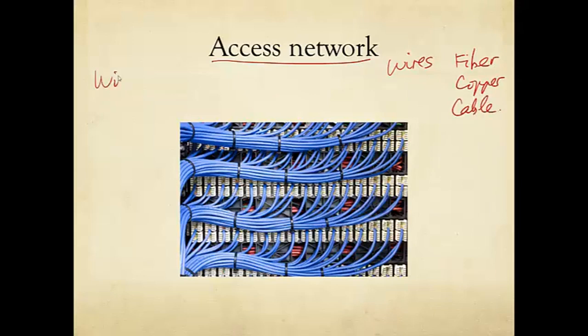It could also be wireless, for example, 3G or 4G LTE in the cellular network standard. Or it could be over the Wi-Fi network, a local area wireless network. Or it could be over a satellite network.